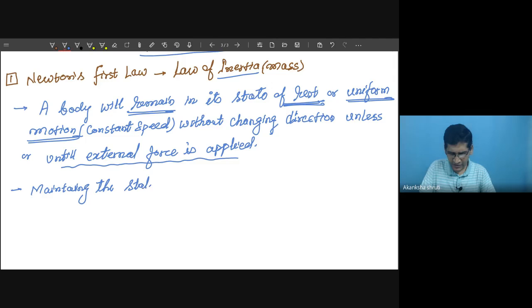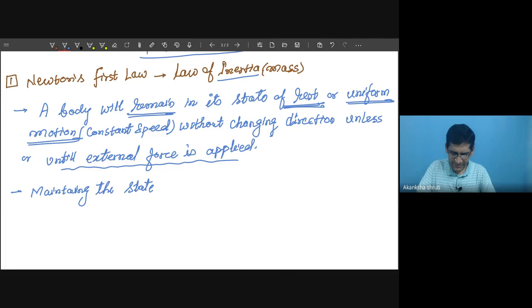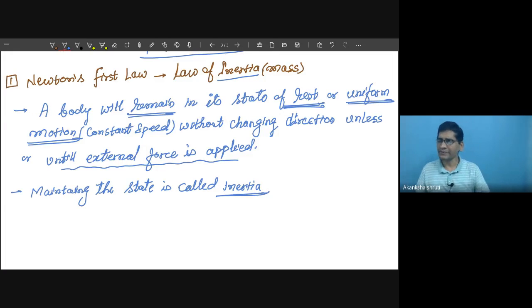So students, maintaining the same state is called inertia. Means the body has a tendency to remain in the same state.